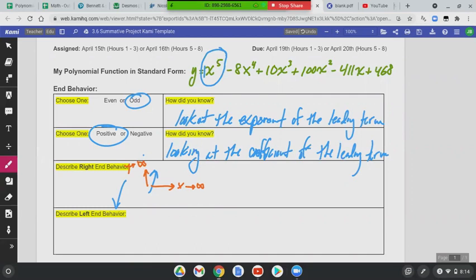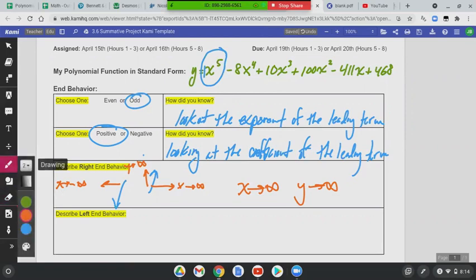So my right end behavior is as x approaches infinity, y approaches infinity. Now, my left end behavior: as x approaches negative infinity, y approaches negative infinity, it goes down. So as x approaches negative infinity, or it gets infinitely small, y approaches negative infinity.